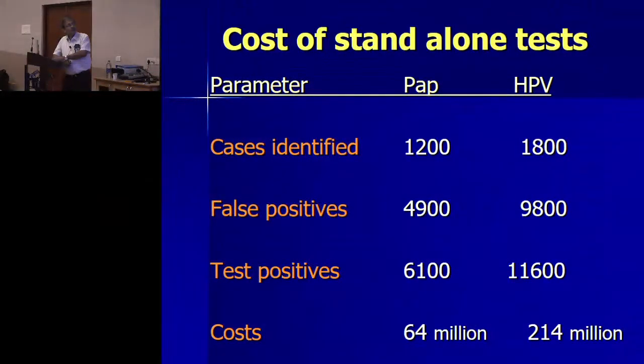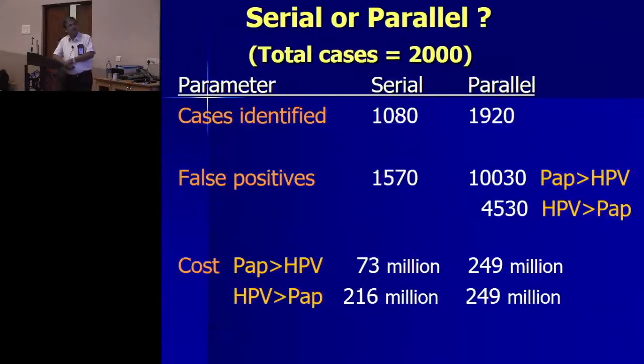Not picking up, you're actually losing. But we are also decreasing the false positives. Right, but to decrease the false positives, you have to spend 9 million more.